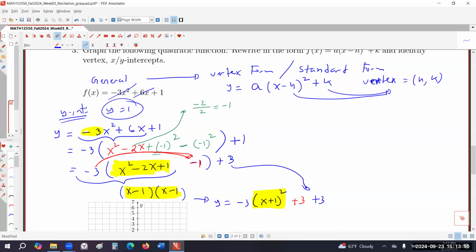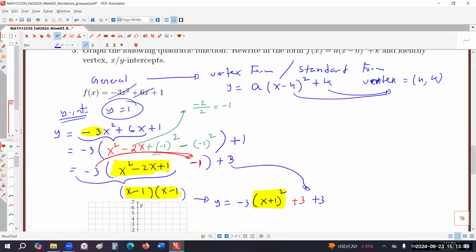So what I did, from the x terms, we pulled out -3, and then we left our constant alone. Now from here, we needed one extra number so that we can factor it twice. So what we need is half of the middle term. Whatever we need to add is half of the middle term squared. So -1 squared we added, but then we have to subtract because we add something, subtract the same thing at the same time.